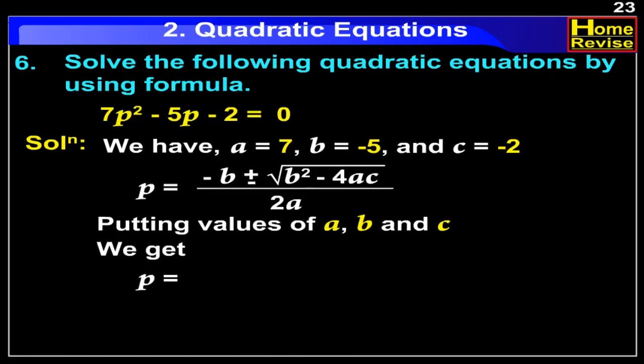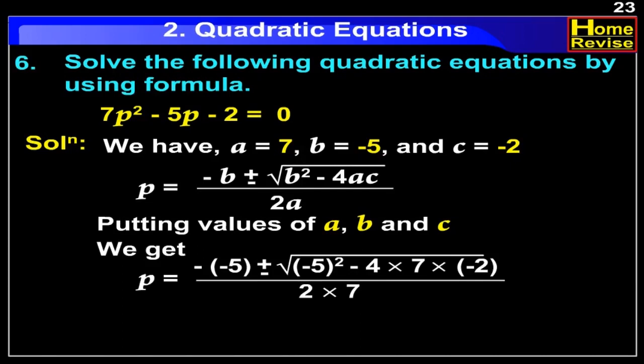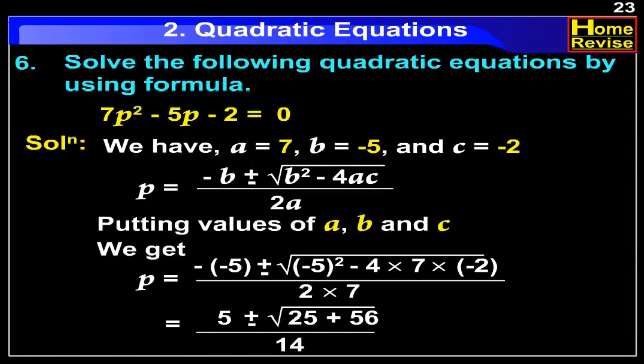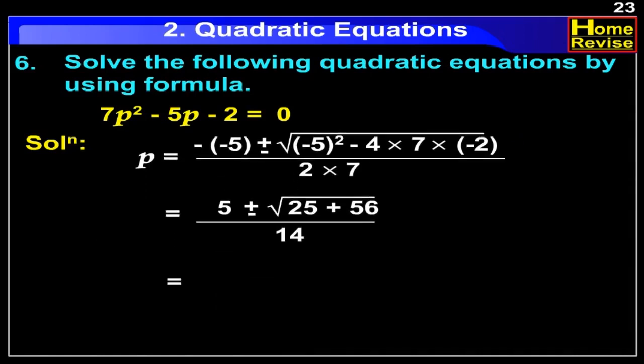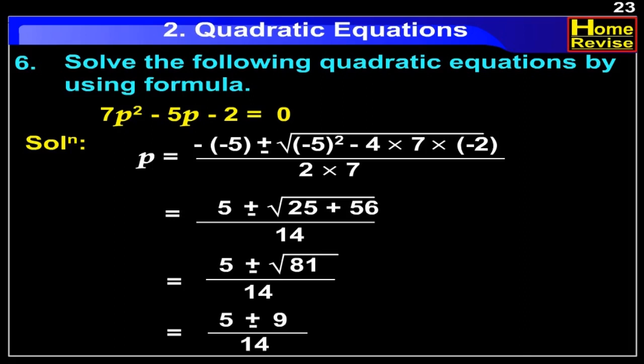p = (-(-5) ± √((-5)² - 4 × 7 × (-2))) / (2 × 7) = (5 ± √(25 + 56)) / 14 = (5 ± √81) / 14 = (5 ± 9) / 14.